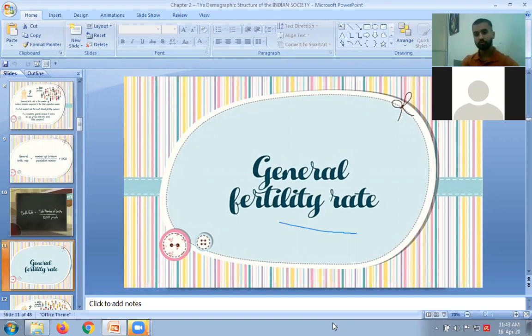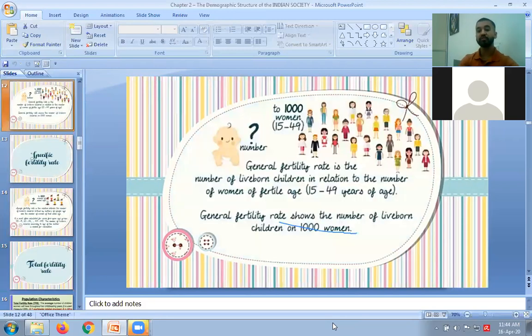So in general fertility rate, we'll try to figure out how many females there are in 1,000, and we'll collect those females in the form of 1,000. So we're going to compare newborn children with the 1,000 women, right?